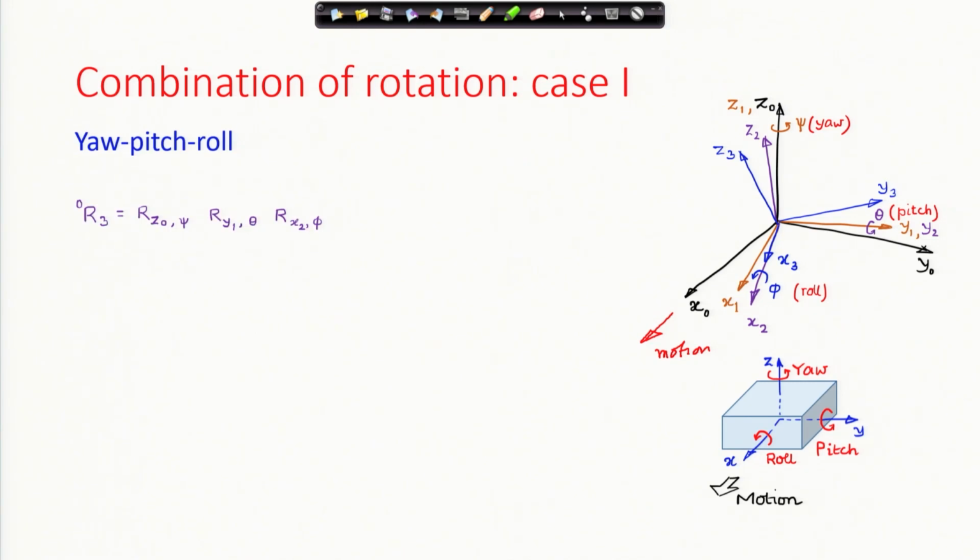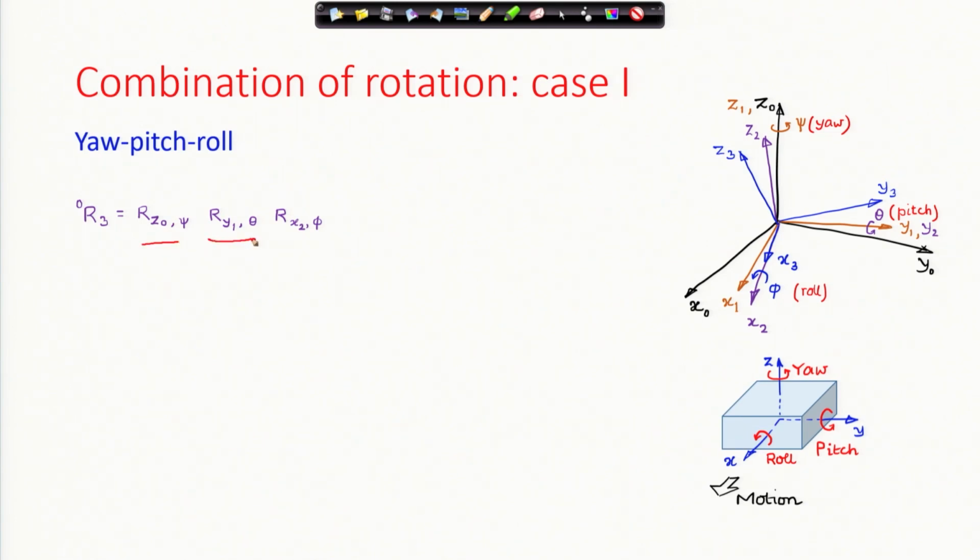And what is this rotation? The composite rotation matrix, or the combination of these three fundamental rotations. How do I combine them to find the rotation matrix from 3 to 0? First, I gave this rotation about z 0 by an angle psi, this was the yaw.